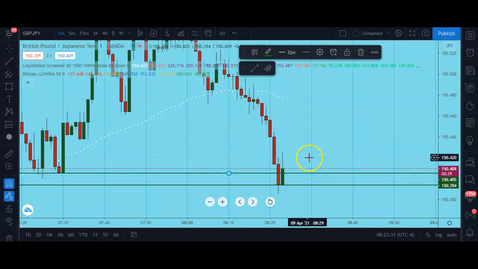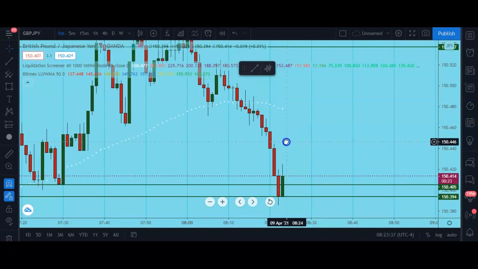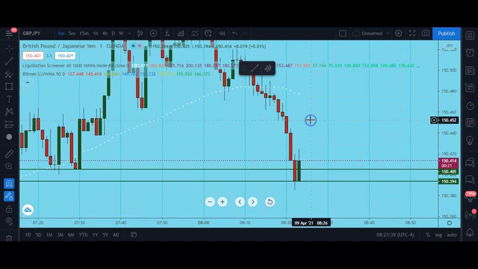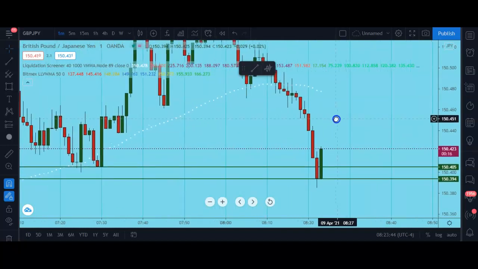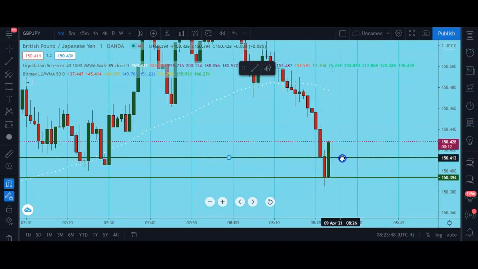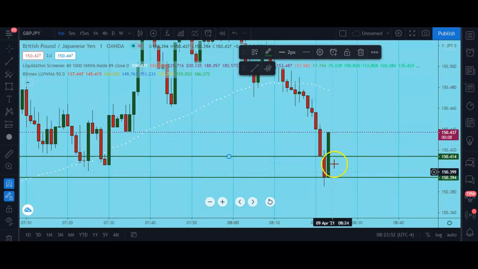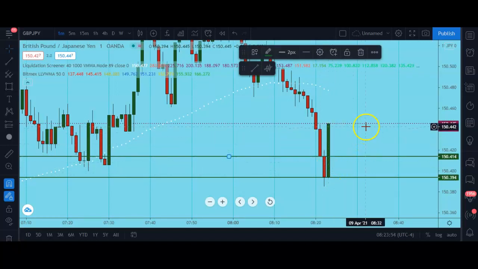Close below that. Resistance. Look at that. I should be trading right now.